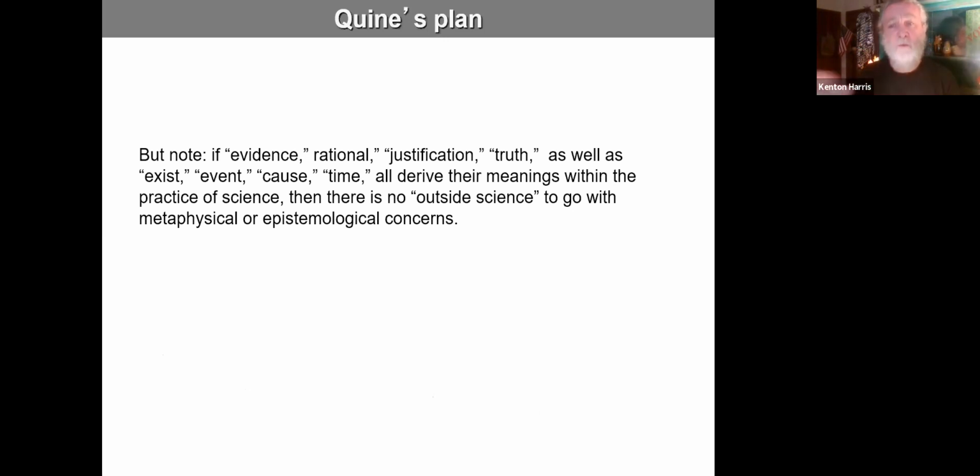So notice what Quine is suggesting is, if words such as evidence, justification, truth, knowledge, belief, if all of those words derive their meaning within the practice of science, then you can't talk about knowledge outside of the scientific project. It has to be done within the scientific project. There is no outside grounds.